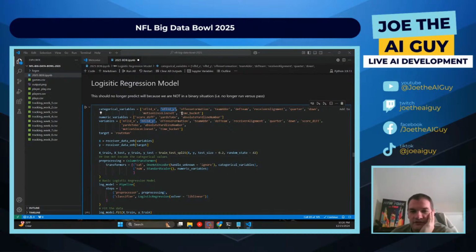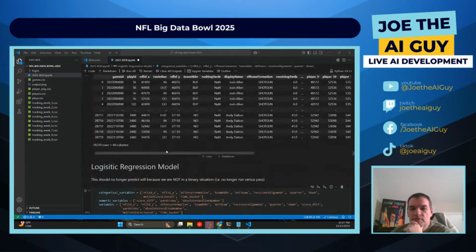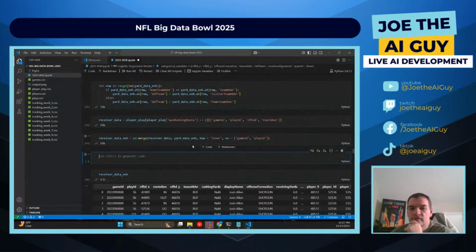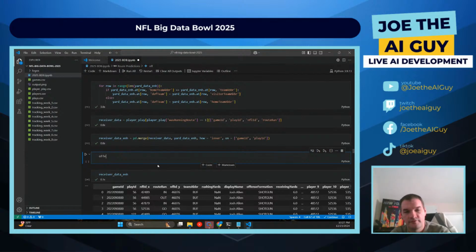So let's see here. I want to know offensive player position data.